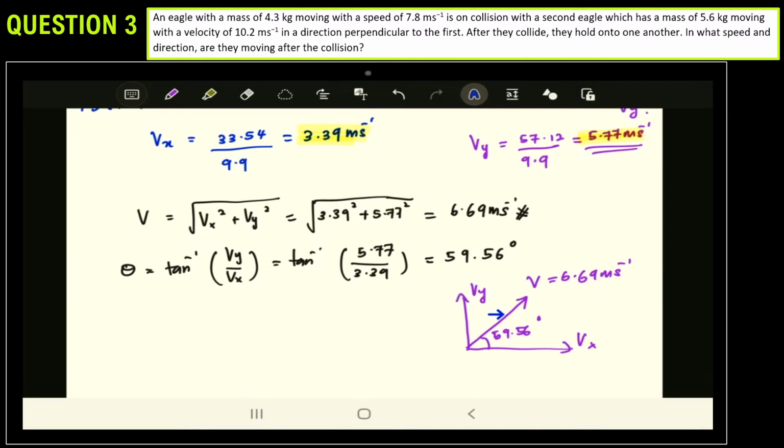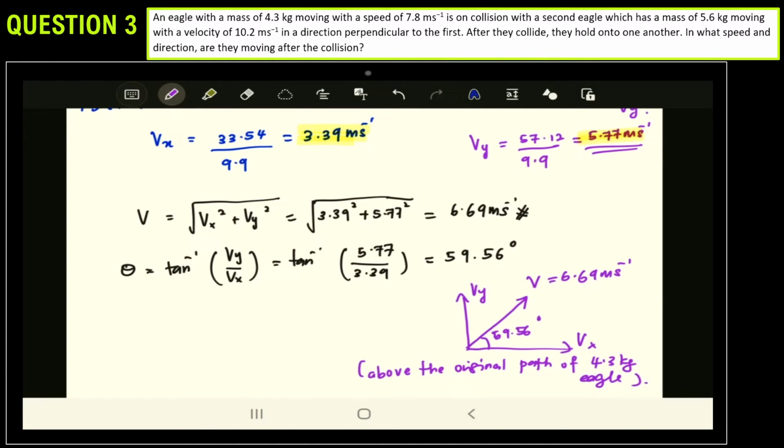Both moving in this direction. V 59.56. We can write as, the direction is above the original path of 4.3 kg eagle.